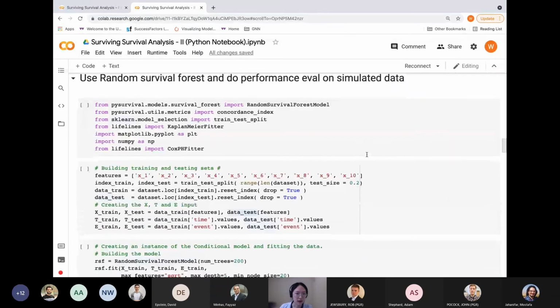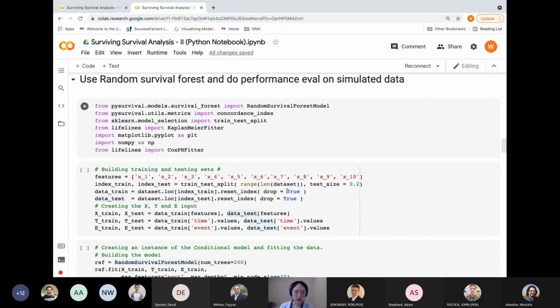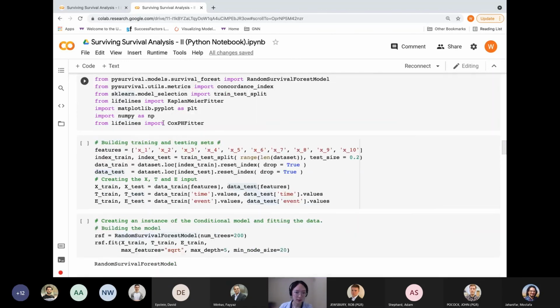Okay, so first in this notebook, I show you how to use random survival forest and do this performance evaluation on the data. So we first divide the data set into two parts, training and test. Then here we call this random survival forest model, which is a function from the PySurvival package.